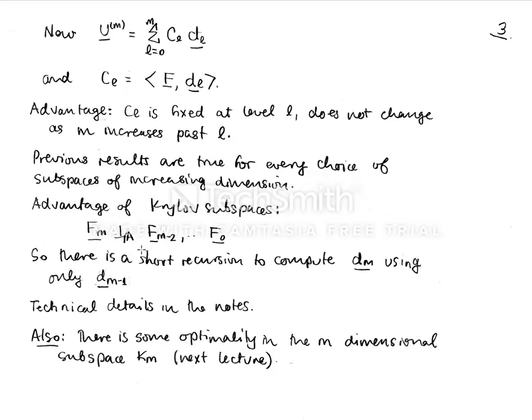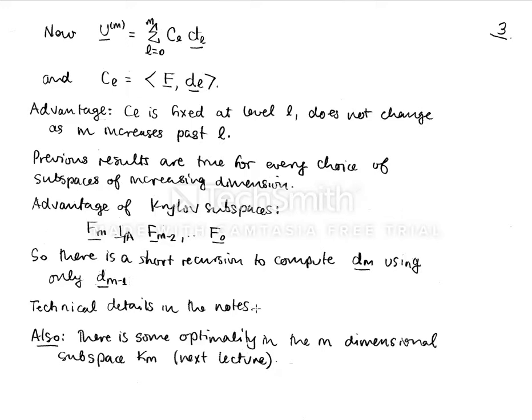And what that means is you do not have to save any of those previous ones, because remember, the C's based on those previous ones, they don't change. And all you have to do is subtract off the component of the previous one to get the new A orthogonal vector.